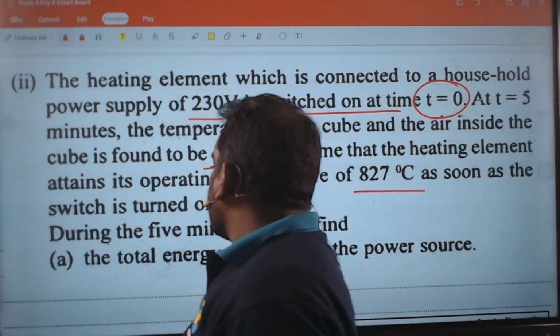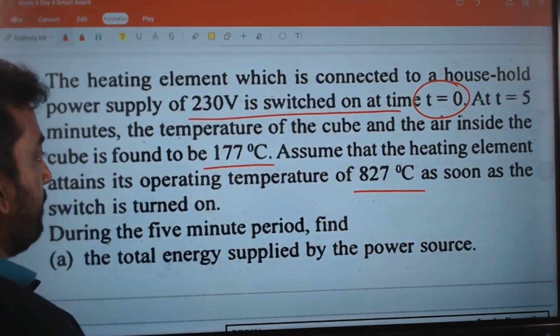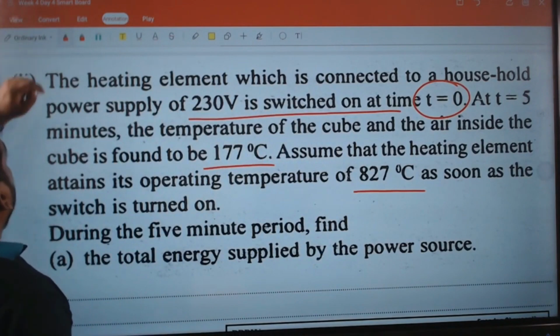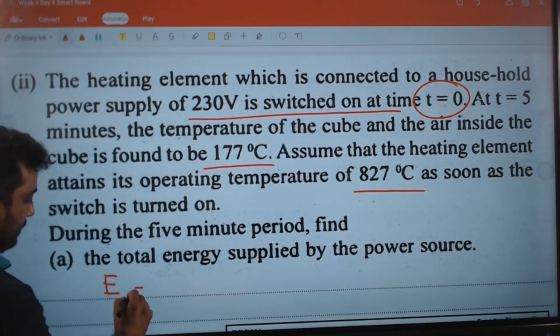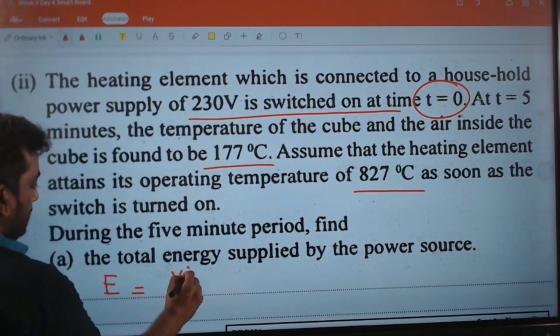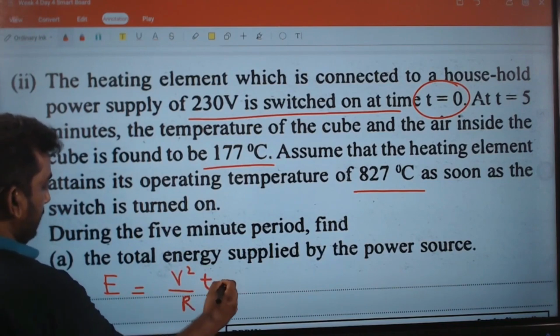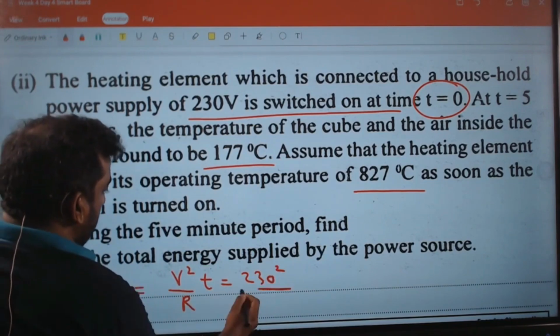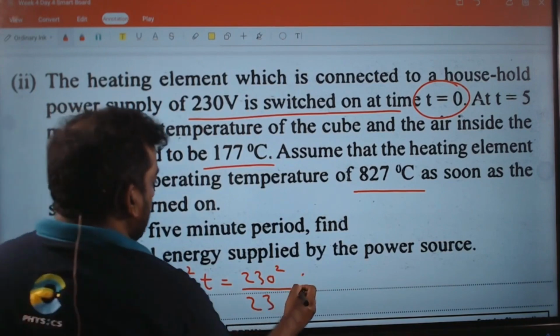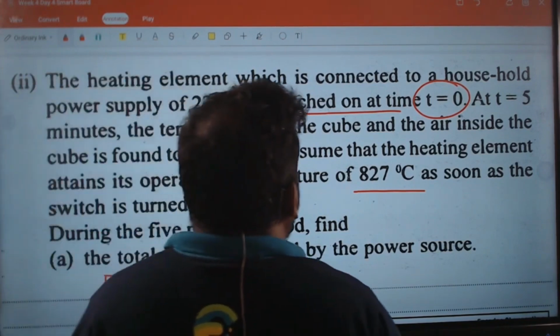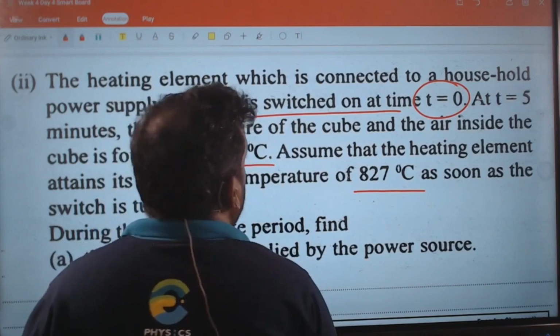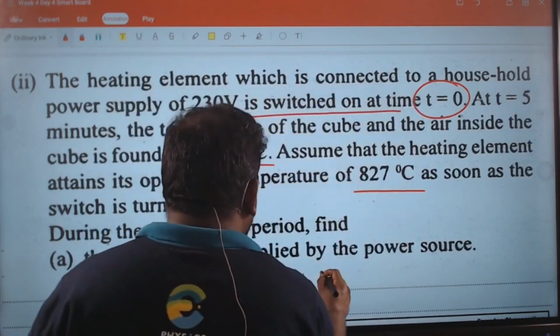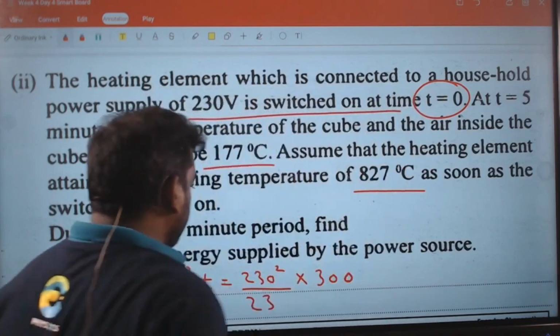During the 5 minutes, what is the total energy supplied by the power source? Energy supplied is V squared over R times t. 230 squared over 23. Here we are talking about 5 minutes, that's 300 seconds.